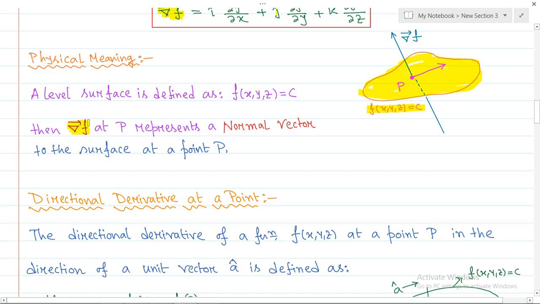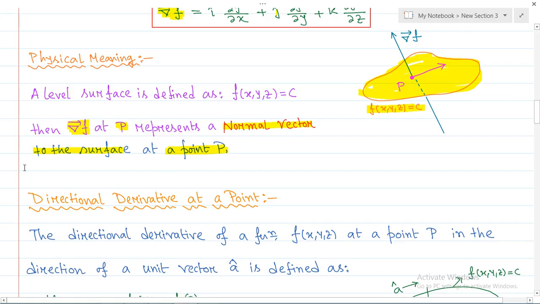So what is the physical meaning of grad f? Simply we can say grad f at a particular point P represents a vector normal to the surface at the point P.